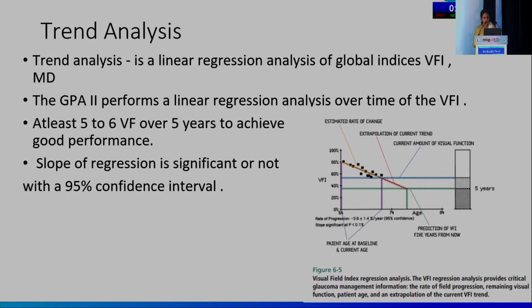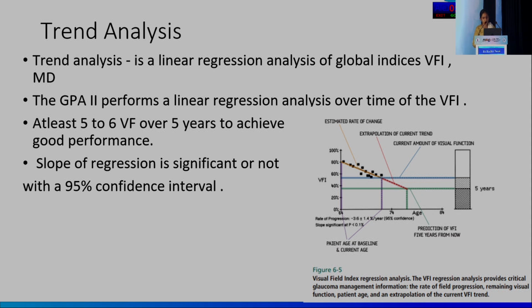Trend analysis is a linear regression analysis of global indices such as VFI and mean deviation. GPA2 performs a linear regression analysis of VFI over time. At least 5 to 6 visual fields over 5 years are required to achieve good performance. It also gives you a slope of regression, showing whether it is significant or not with a 95% confidence interval. So you can see here.